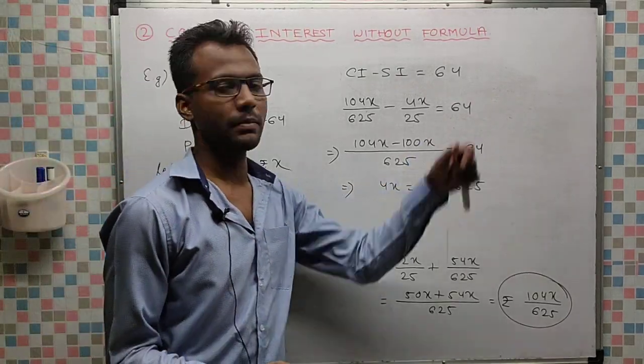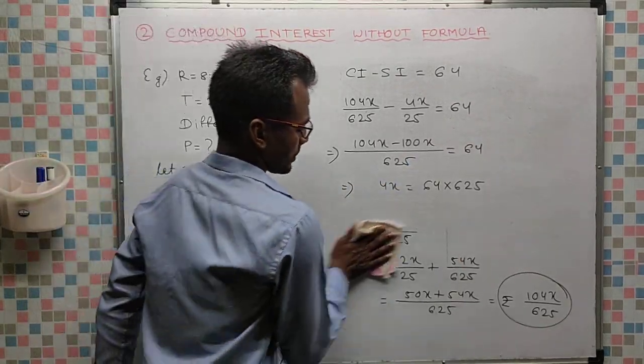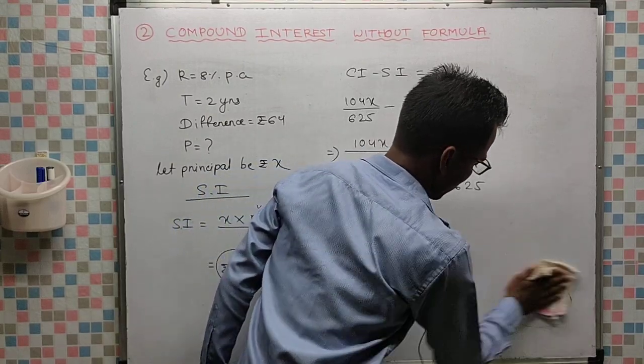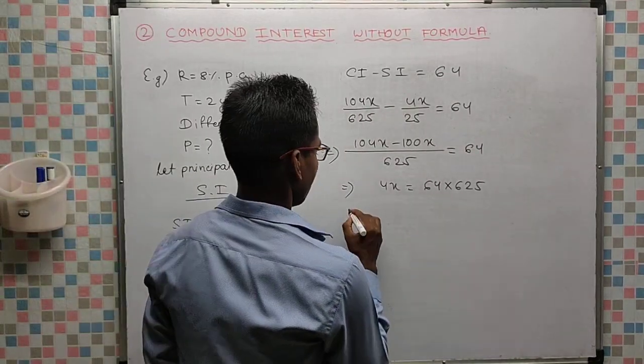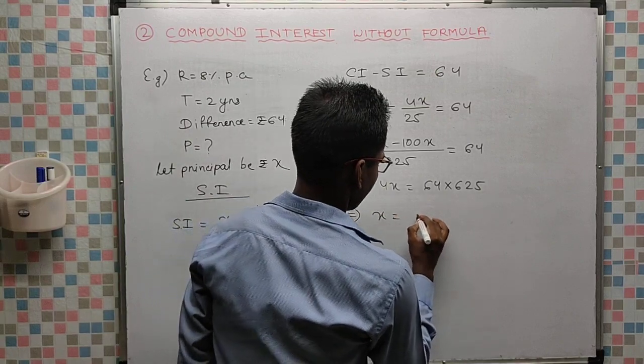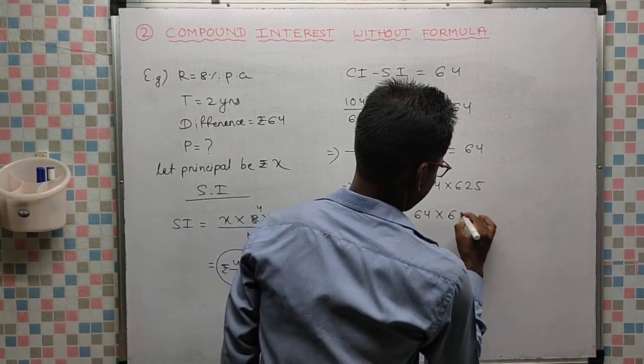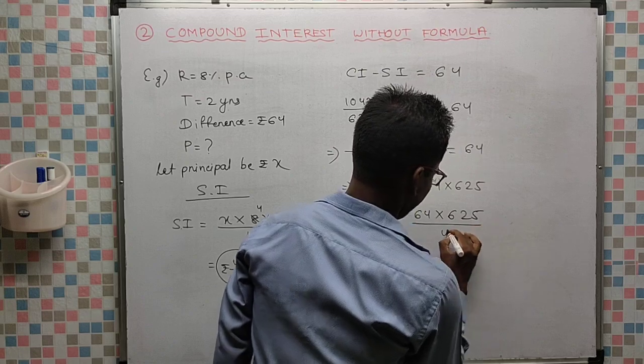625 taken to the right side, 64 into 625. So x is equal to 64 into 625 by 4.